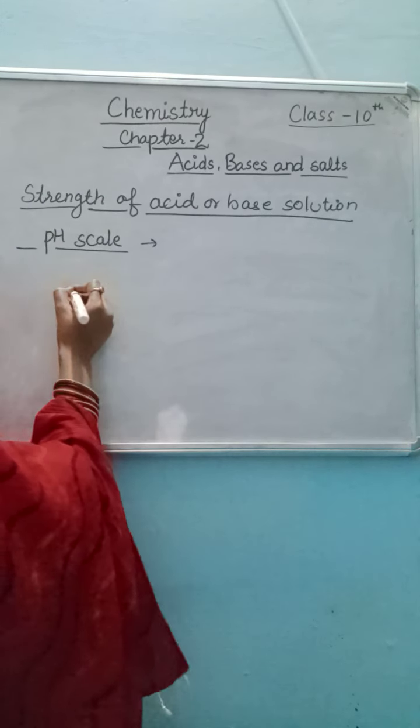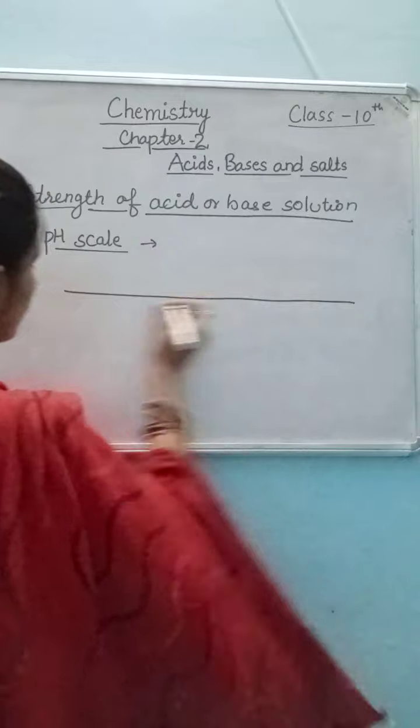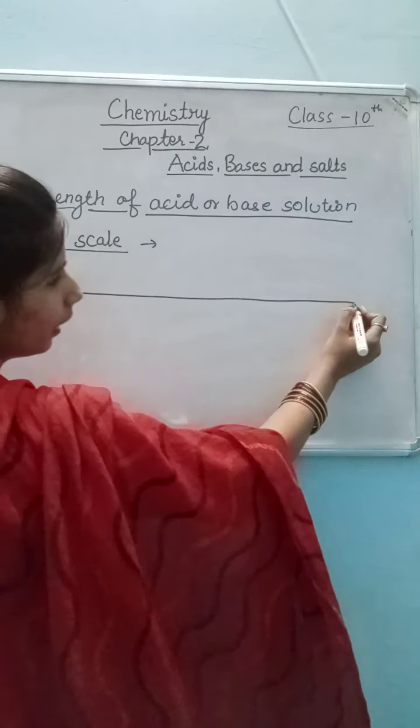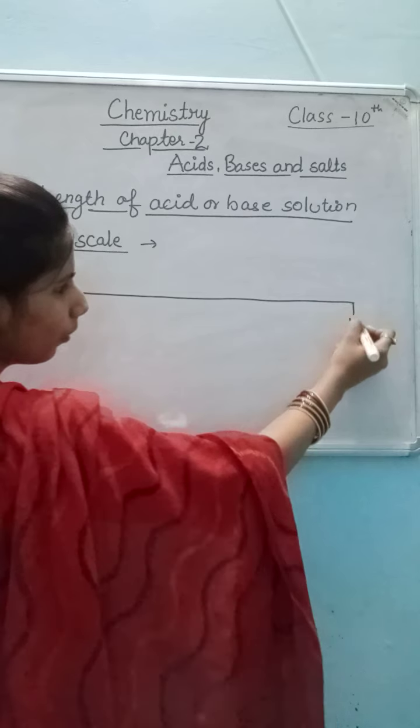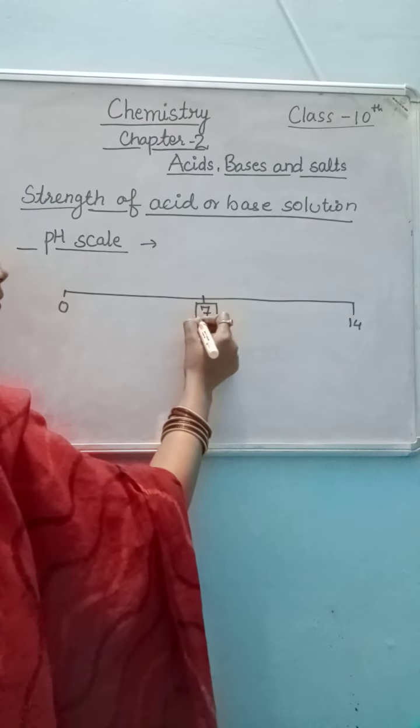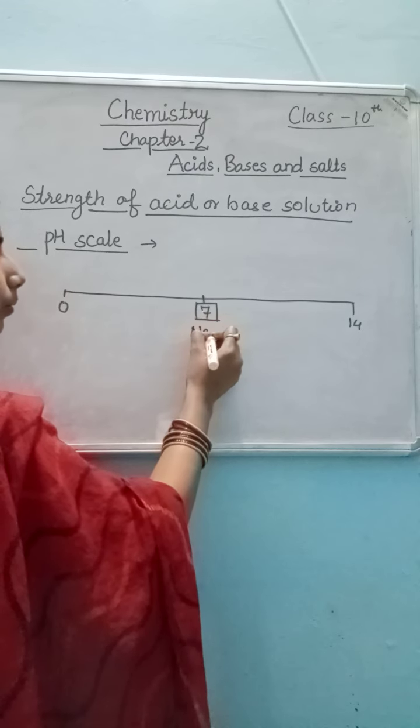Now the pH scale starts from 0 and ends at 14, and number 7 shows the neutral value.